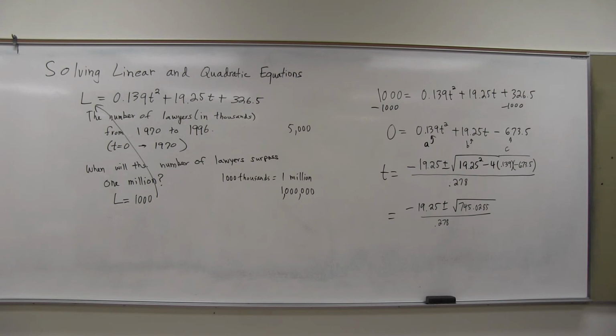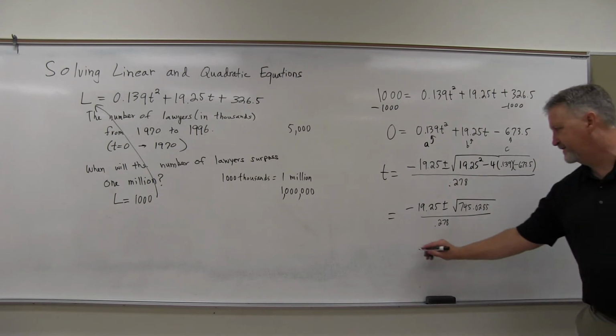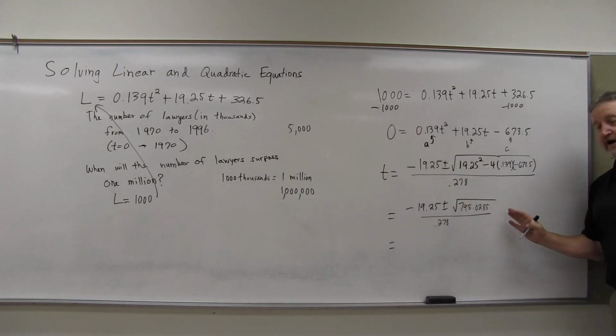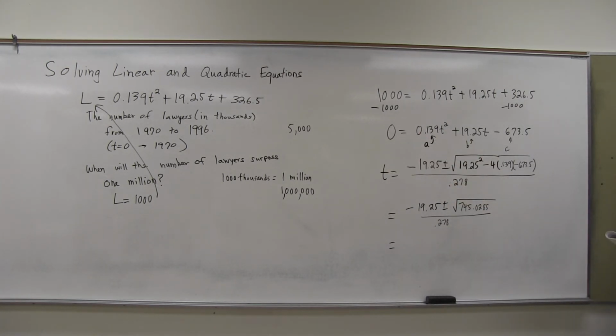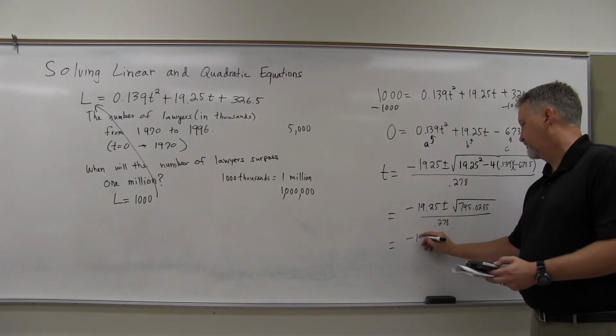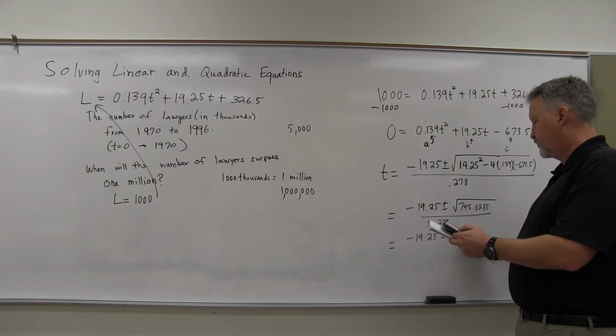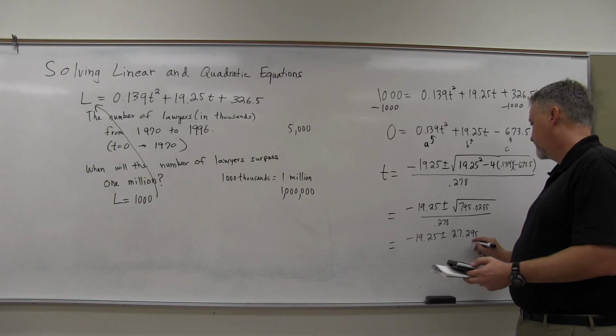Needless to say, we're dealing with a lot of decimals here. Since I'm wanting the year, I am going to go ahead and round this off. Start with the square root, that would be rounded off to be plus or minus 27.295.